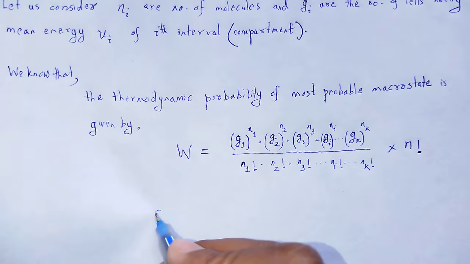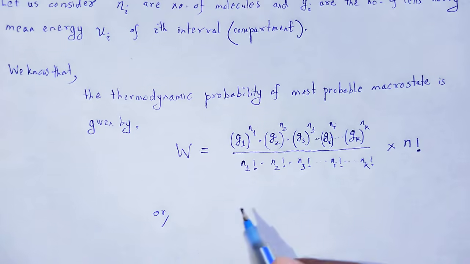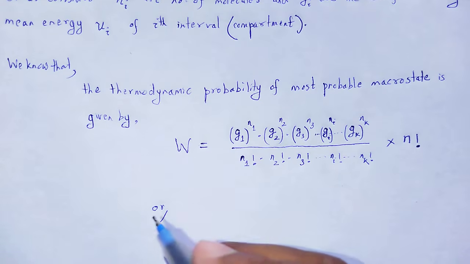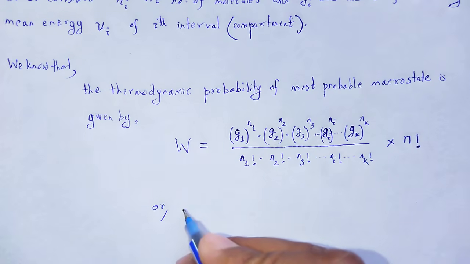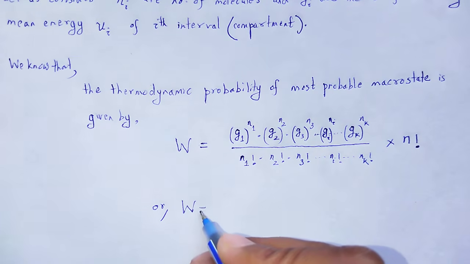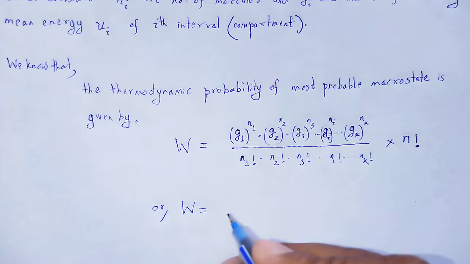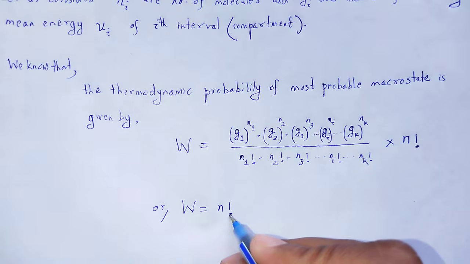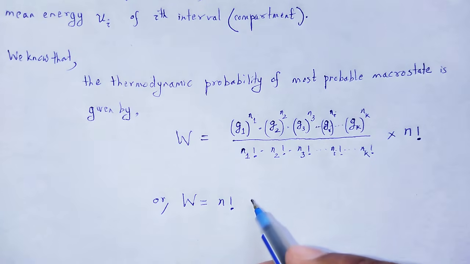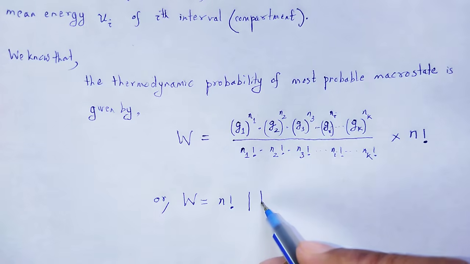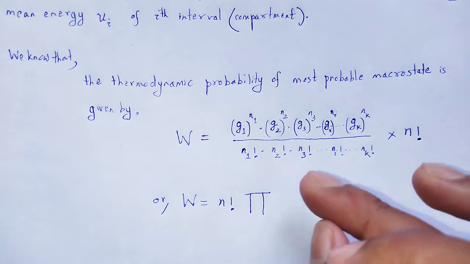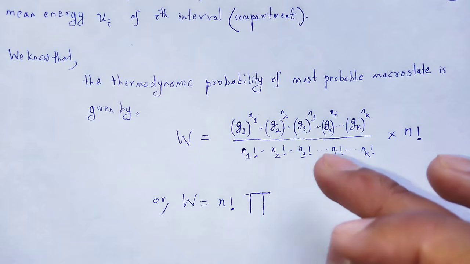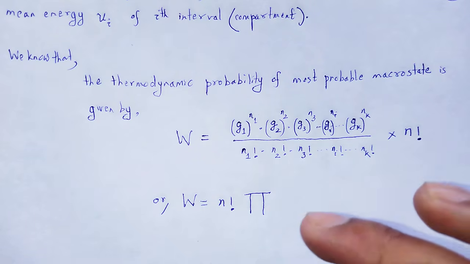Now in the form of notation, we can write that the thermodynamic probability W is equal to N factorial into, we use a sign which is called the multiplier. In case of addition 1, 2, 3 up to n, we use summation.